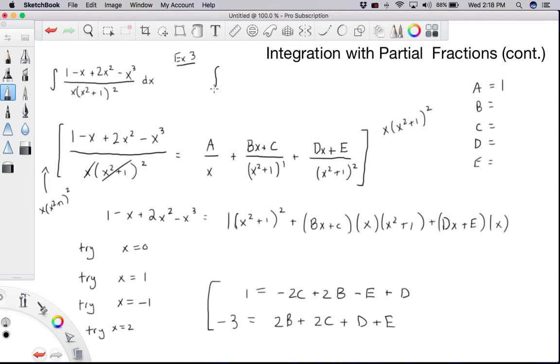So I'm going to put them here in the curly brackets. So we get 1 equals, I'm also going to write these with the letters in order, so we get 2b minus 2c plus d minus e.